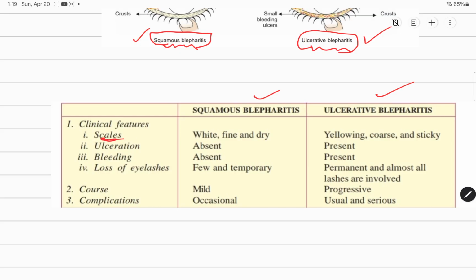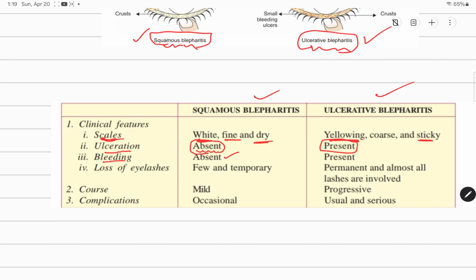This is also a summarized form of squamous and ulcerative. So scales in squamous are white, fine and dry. In ulcerative, they are yellow and sticky. So ulceration occurs if you try to remove these scales. Ulceration does not occur in squamous, but it occurs in ulcerative. That's why we call it ulcerative.